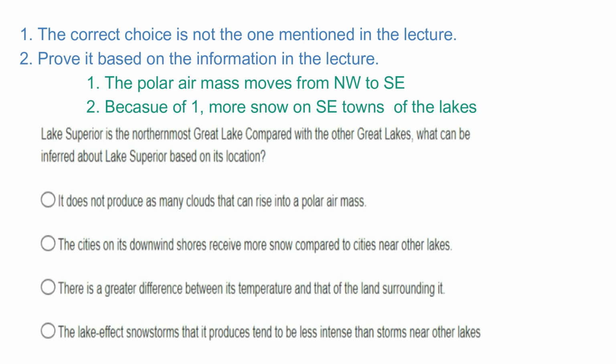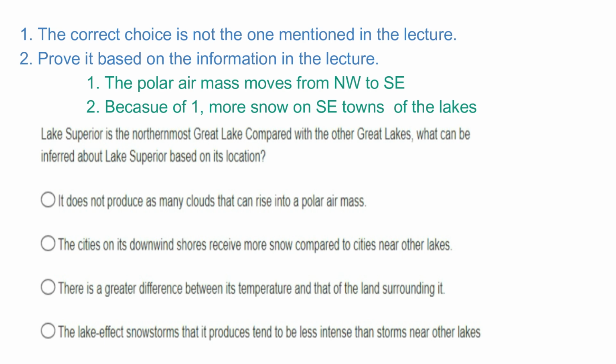That is, if the comparison is made between cities around Lake Superior, then we can infer some facts about their snowfalls. But B compares the snowfalls between the cities on downward Lake Superior with cities near other Great Lakes.